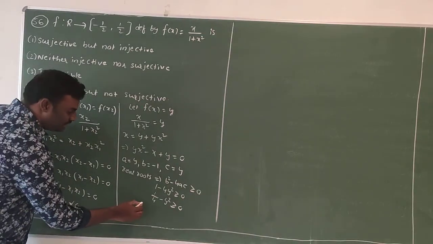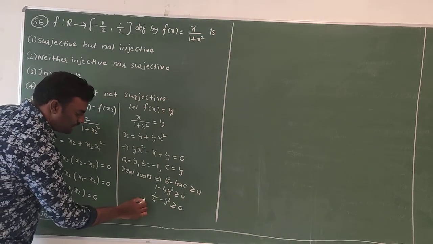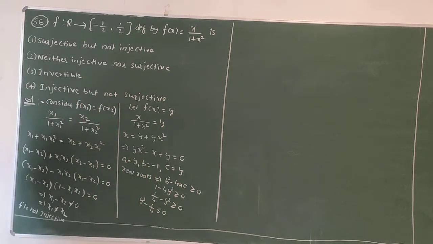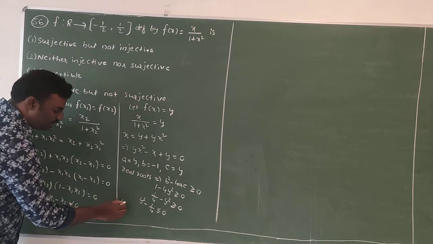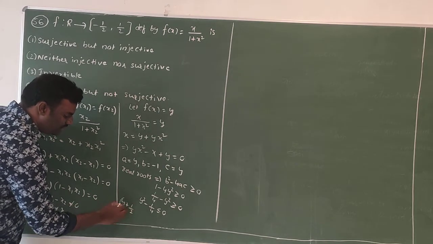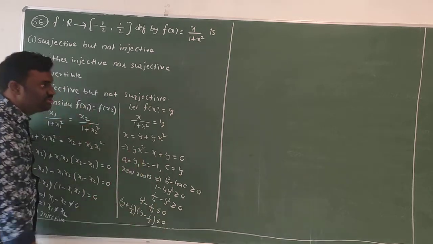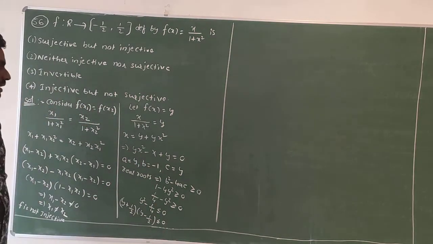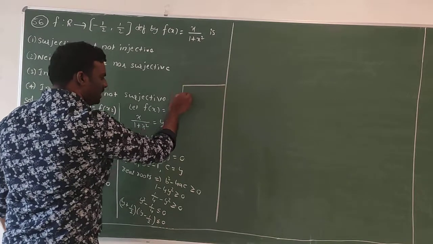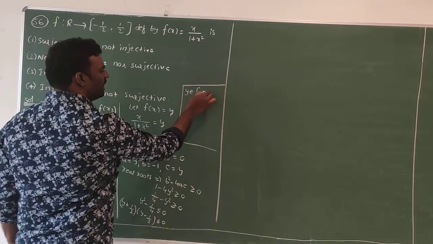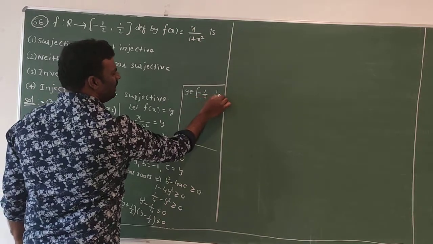Then, taking minus common, y² − 1/4 less than or equal to 0. It can be written as (y + 1/2)(y − 1/2) less than or equal to 0. Then finally what you will get? y belongs to the closed interval [−1/2, 1/2].